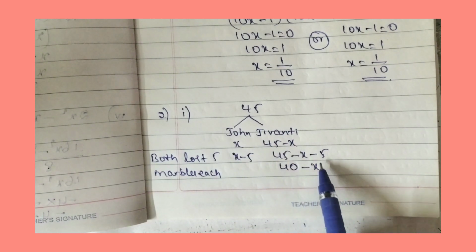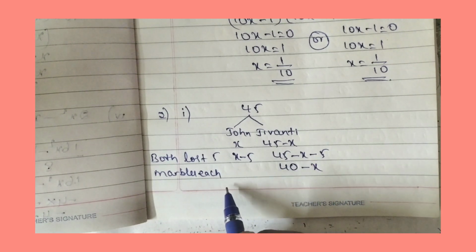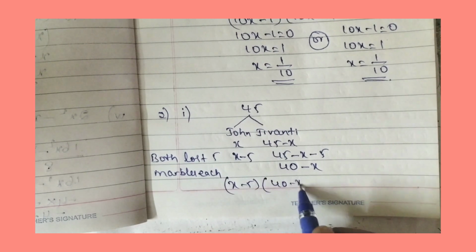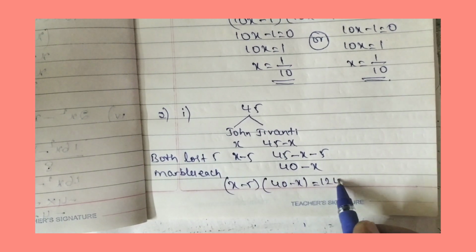With Jivanti it is 45 − x − 5, which is 40 − x. If you multiply these two, it is equal to 124. So (x − 5)(40 − x) = 124.